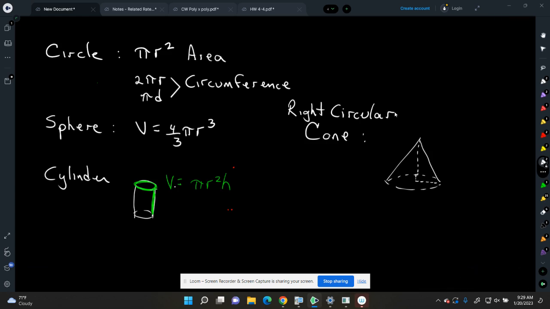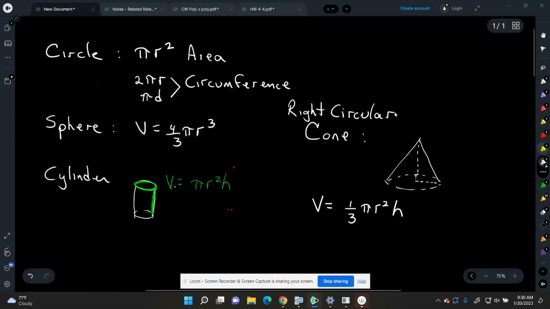The volume of a right circular cone is 1/3 pi r squared h. The way I remember that, it looks very similar to the volume of a cylinder, except only 1/3.